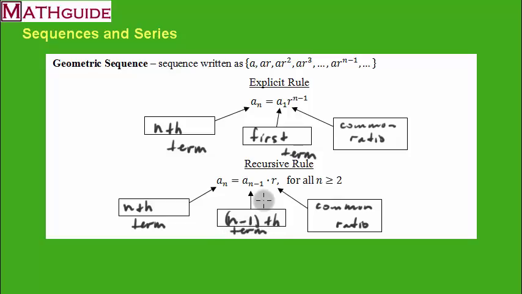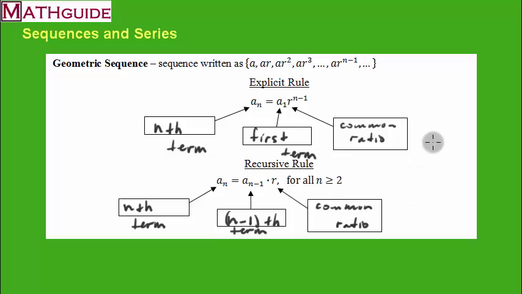So the best way to think about this is the explicit rule is like if you've got an album and it's all on digital, you could jump to whichever song you want on it. That's the explicit rule.